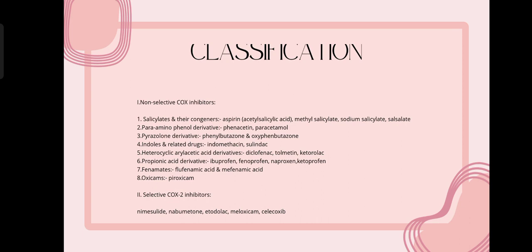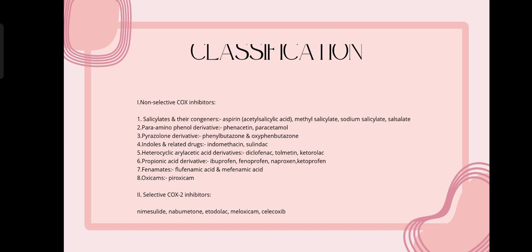Mefenamic acid is used during stomach cramps, or by women who are undergoing severe pain during their menstrual cycle. Mefenamic acid is commonly used. Oxicams include piroxicam. Second class is selective COX-2 inhibitors.